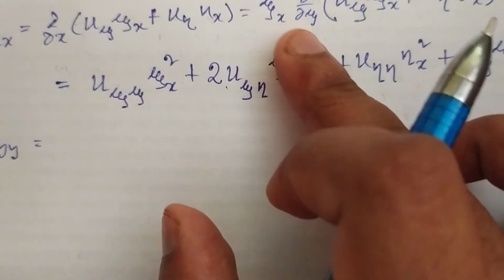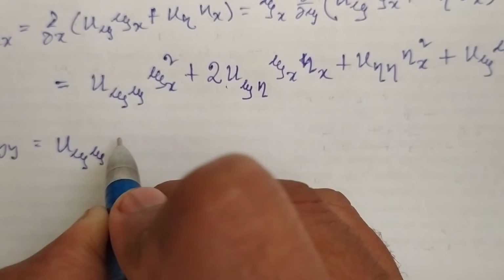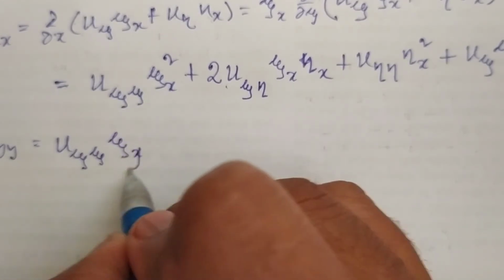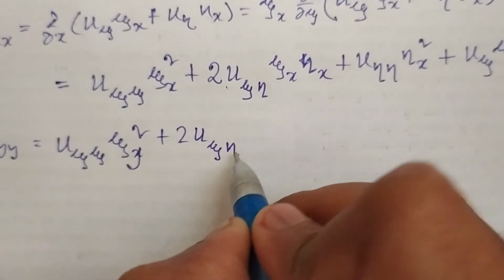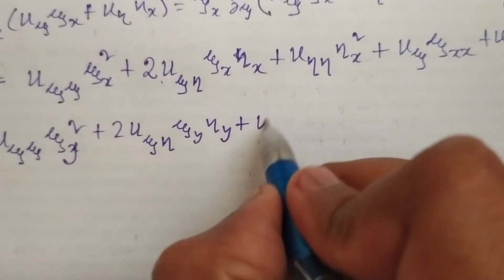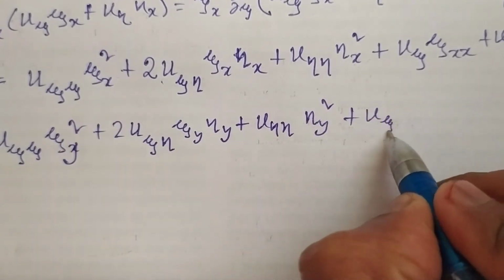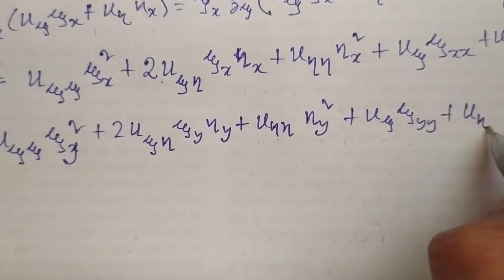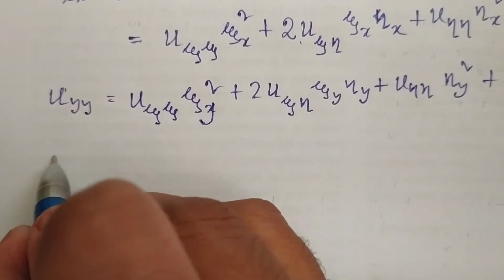So by a simple calculation we can write u_xi xi xi_y squared plus 2 u_eta xi xi_y eta_y plus u_eta eta eta_y squared plus u_xi xi_yy plus u_eta eta_yy, and lastly u_xy.